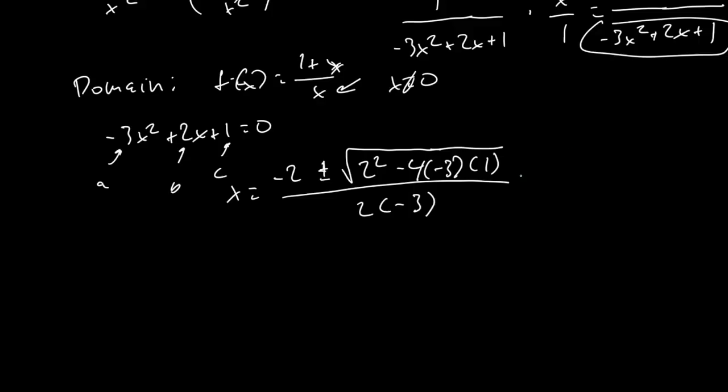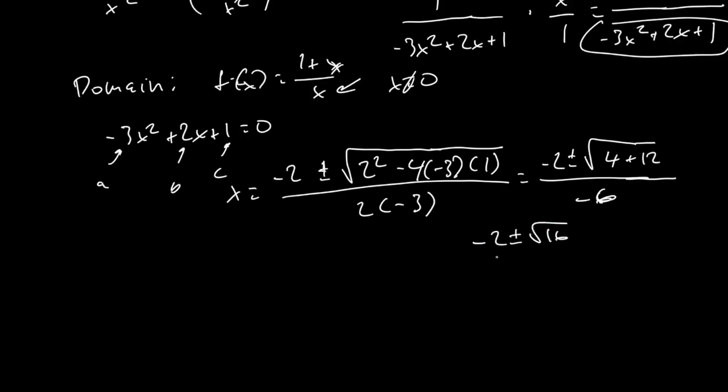So you get negative 2 plus or minus the square root of 4 plus 12, all over negative 6, which equals negative 2 plus or minus 4 over negative 6.